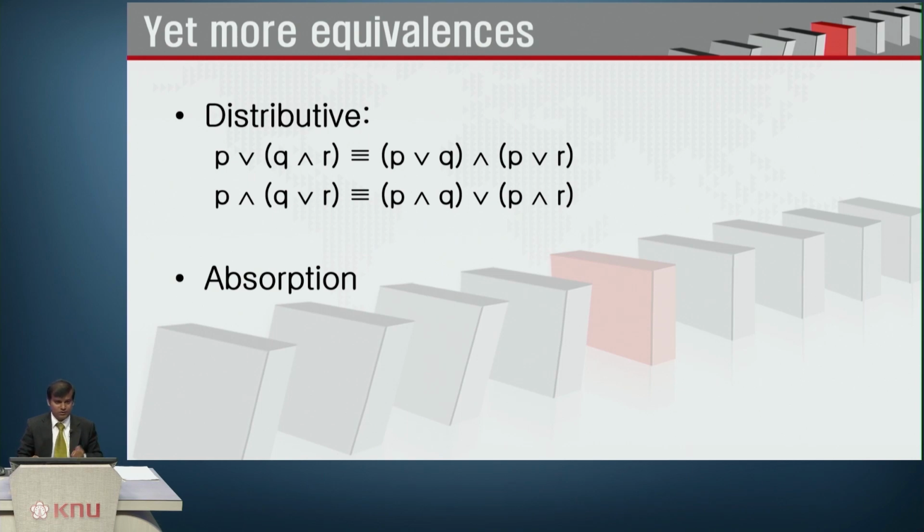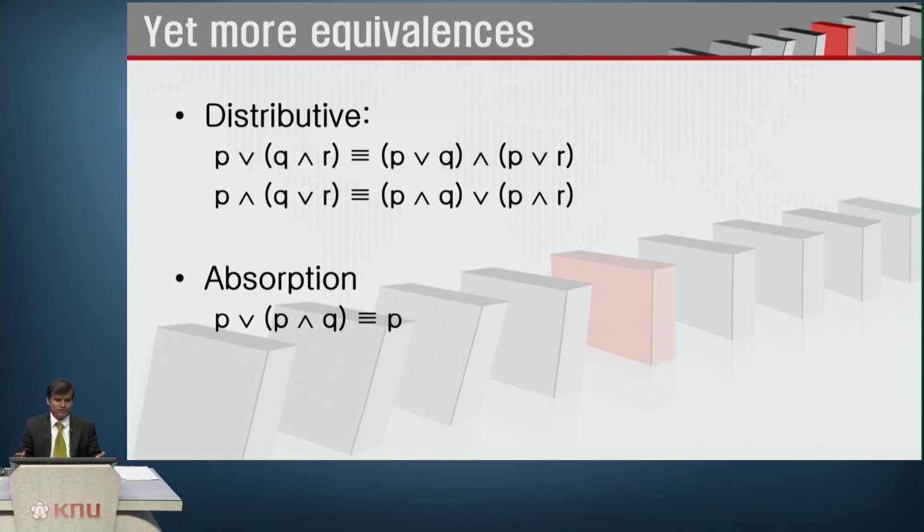Then you have the absorption law, that's P or P and Q is similar to P. Just imagine here, if P is true, then you don't really mind what is P and Q. In other words, you don't really want to know what is the Q value.